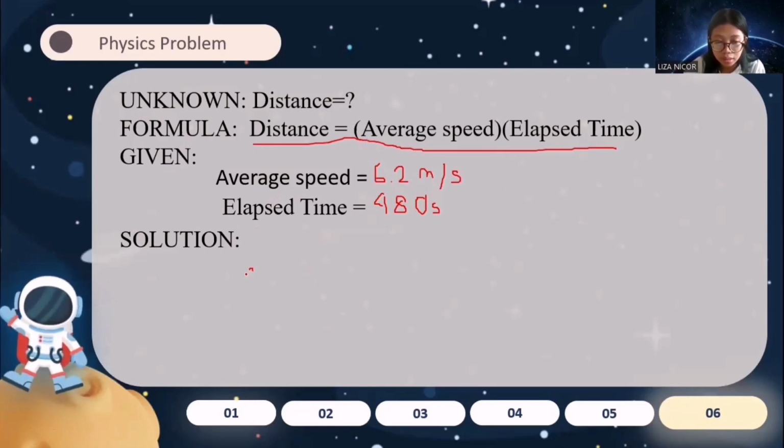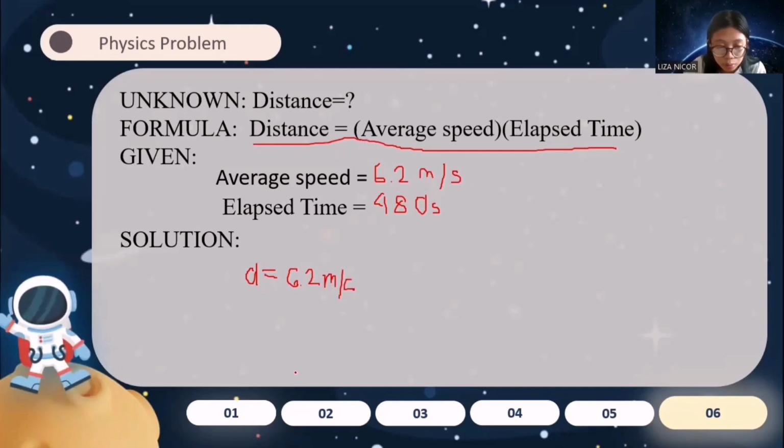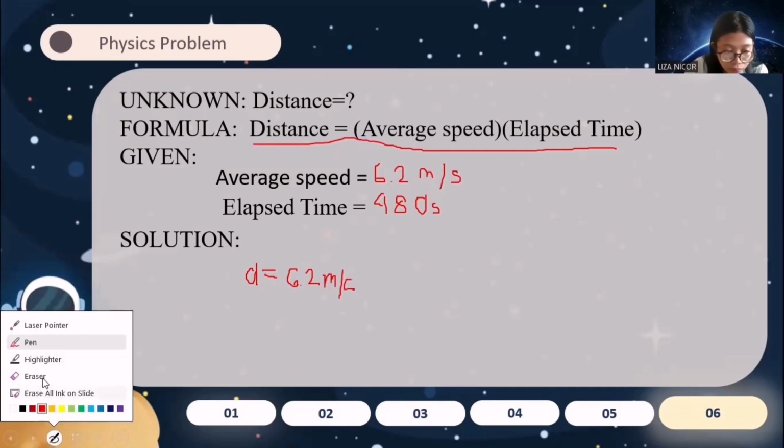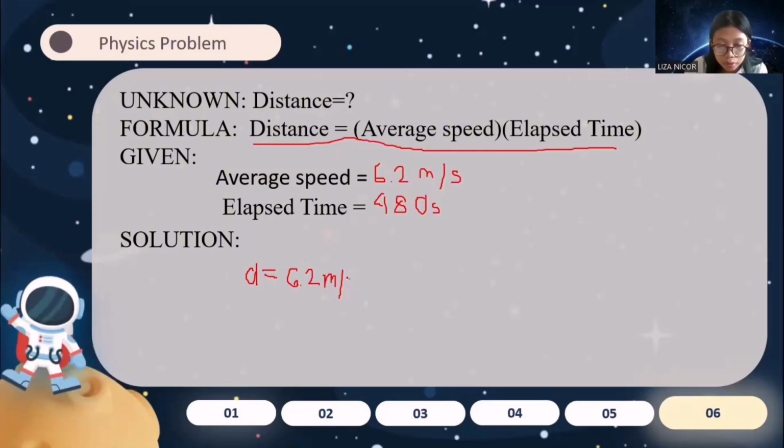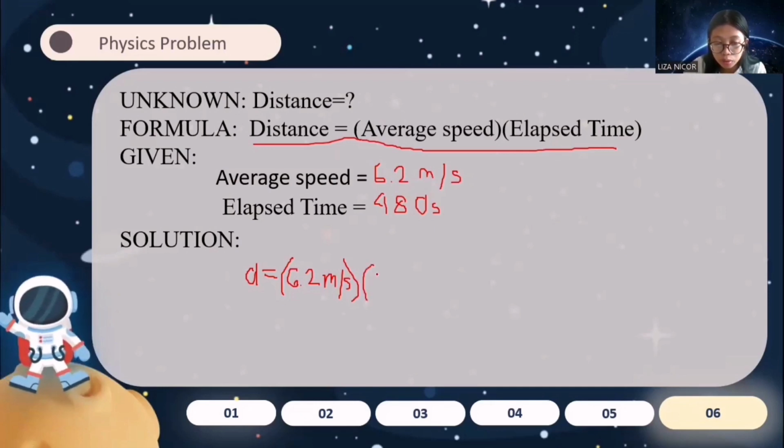We now have distance, d, equals 6.2 meters per second multiplied by 480 seconds.